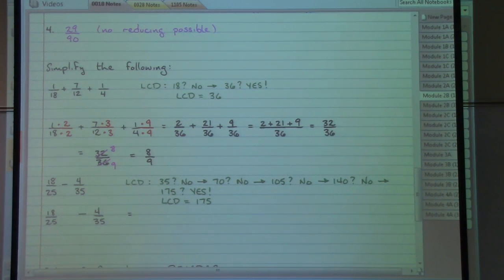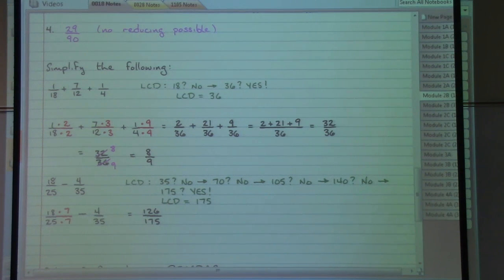25 goes into 175 7 times. So times by 7 on the bottom, and automatically that means times by 7 up on top. This will give me a 126 over 175.